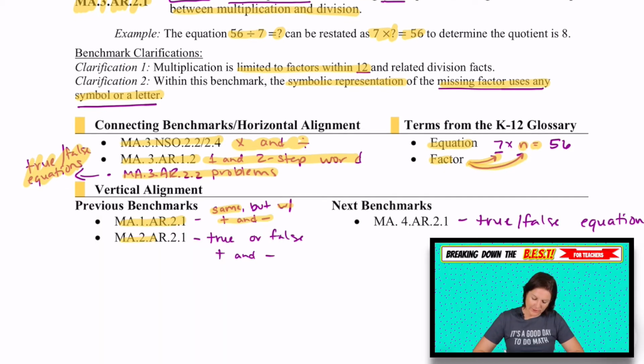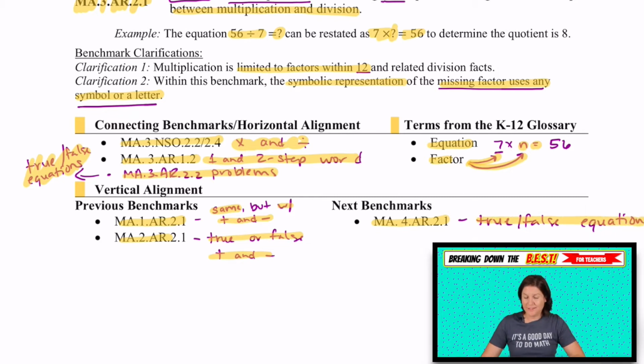And then in second grade, true or false equations with adding and subtracting. So now we're using that knowledge, that relationship of addition and subtraction, and focusing it on multiplication and division. In fourth grade, they will have true or false equations, so that's where we're heading, and lots of multiplying and dividing in 4th and 5th grade too.